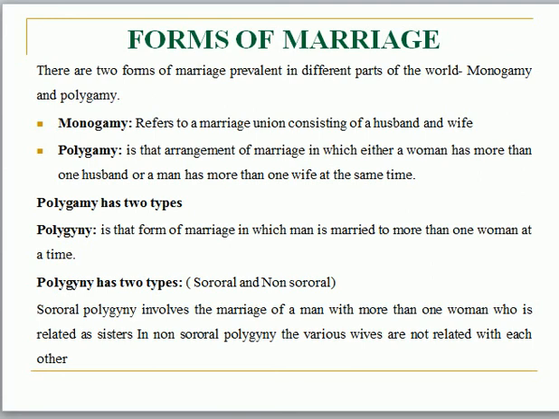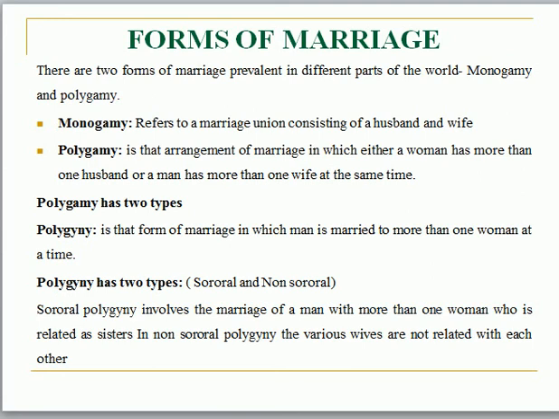As you know, mono means one and gamy means marriage. It refers to a marriage union that consists of a husband and wife, and they marry just once in their life. That is called monogamy.